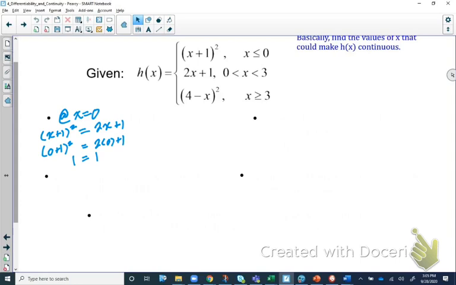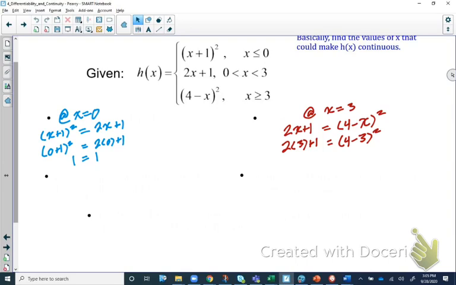So I'm also going to look at it at x is equal to 3, and we'll do the same thing. We'll say the 2x plus 1 piece must be equal to the 4 minus x squared component. 2 times 3 plus 1 equals 4 minus 3 squared.